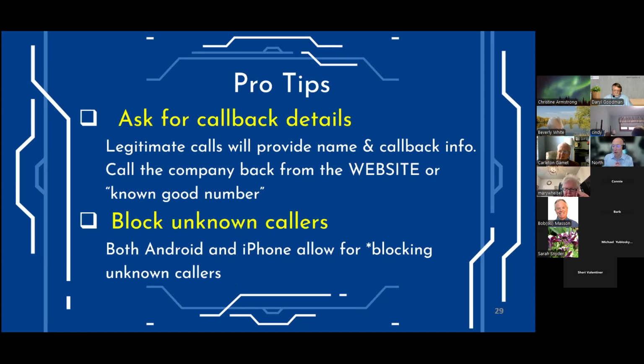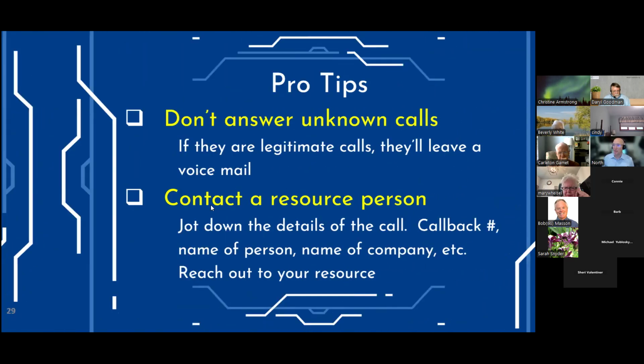Which, if you are expecting a call from a doctor's office or somebody that you don't have in your contacts list, this can prevent them from getting through to you. And if they call in from an unknown number and they don't leave a phone number, then you're going to miss the call. That's why I asterisk that, because understand that if you block unknown callers, it can have a negative effect on calls that you may be expecting from legitimate callers. So with that, let's keep it going.